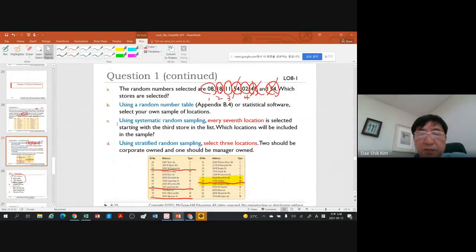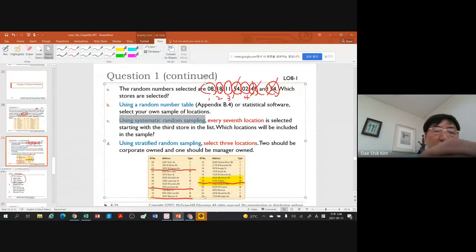Part C, using systematic random sampling, every 7th location. Why is it 7? Because they want 4.